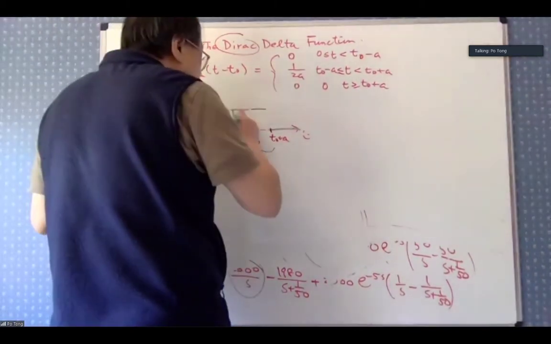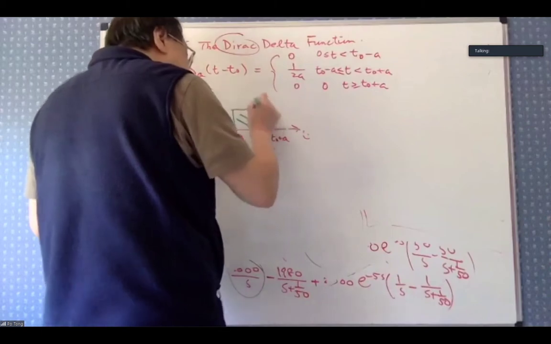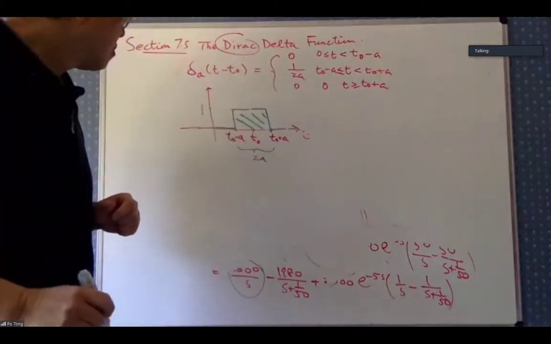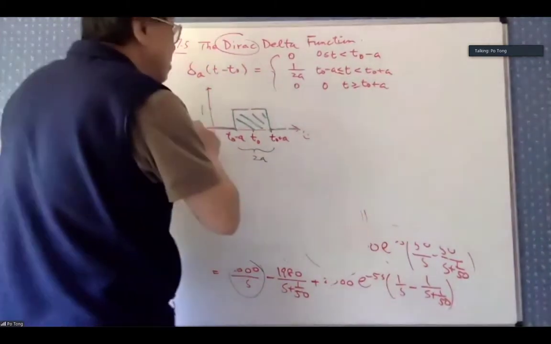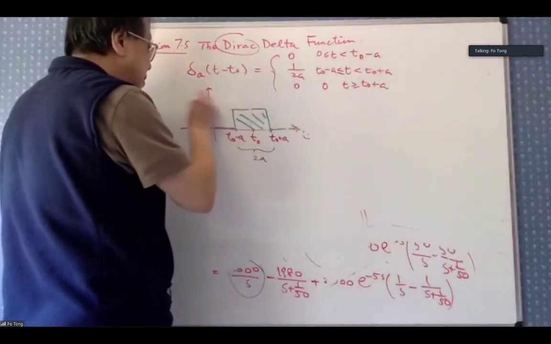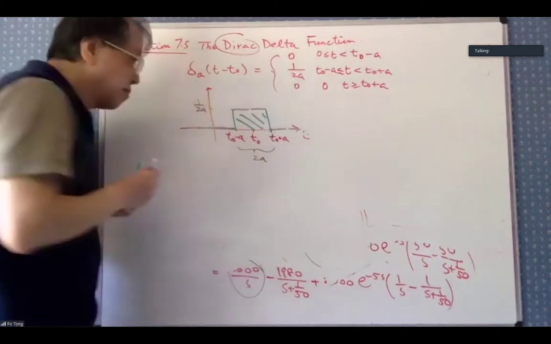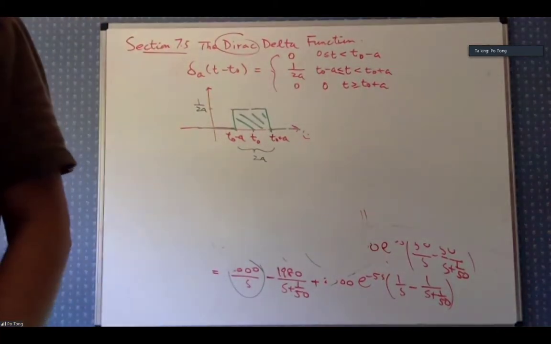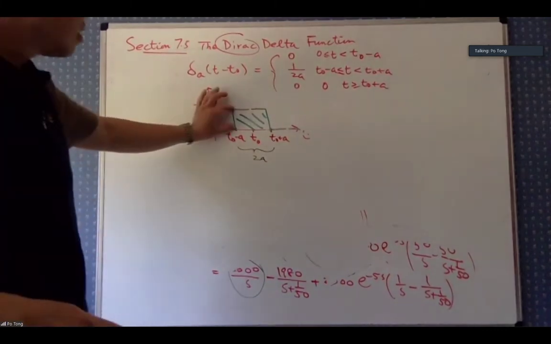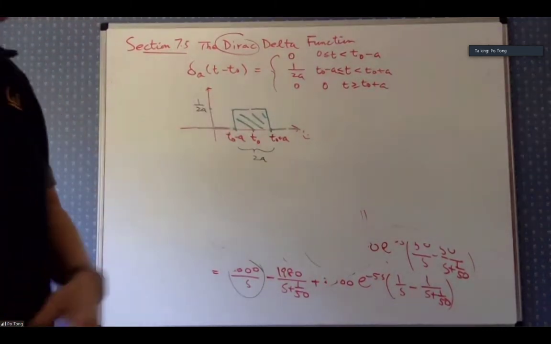What do you think is this area here? The green area. Oh, that's not 1, sorry. This is 1 over 2a. What would be the green area? This height is 1 over 2a.